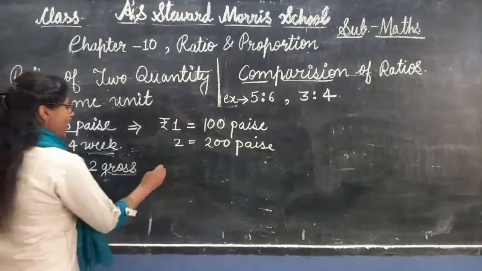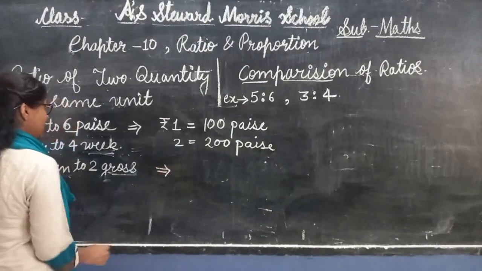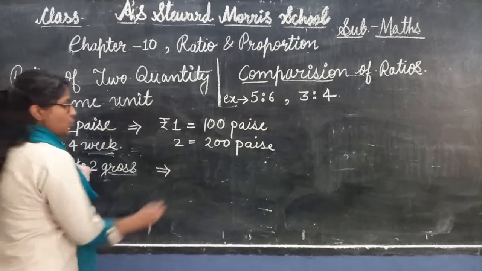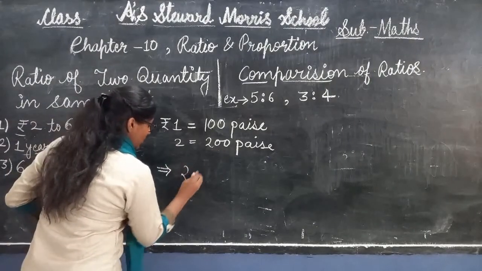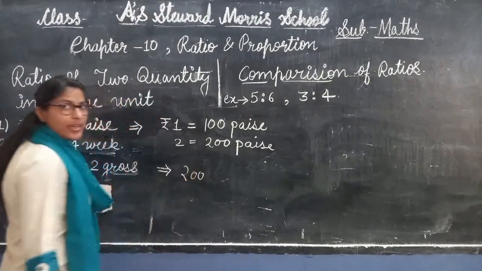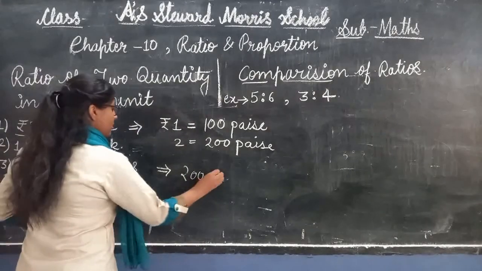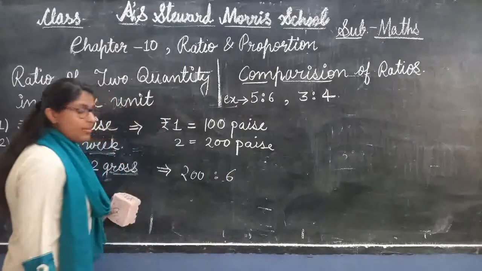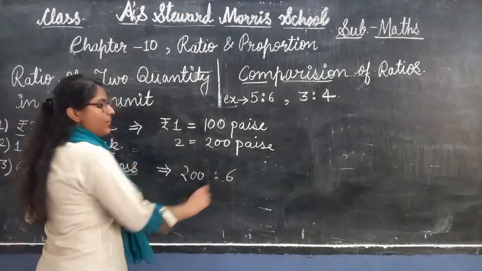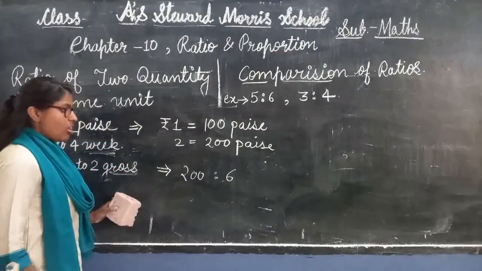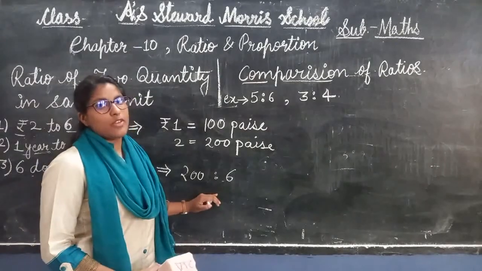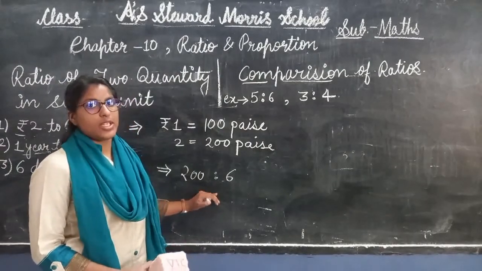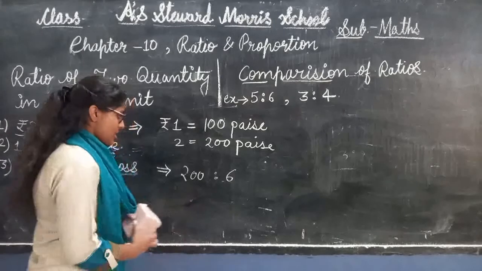When you write in the form of ratio, be careful. In place of 2 rupees, you write 200, then the ratio sign, and then write 6. Here I am not using the paisa unit, because at the time of expressing in the form of ratio, we do not write units.